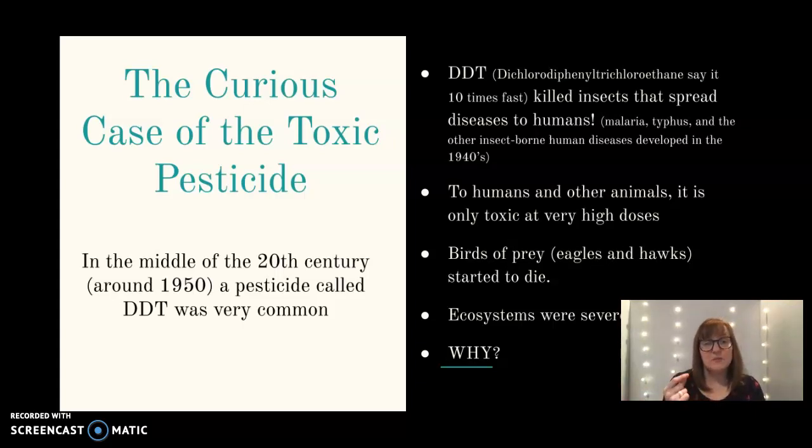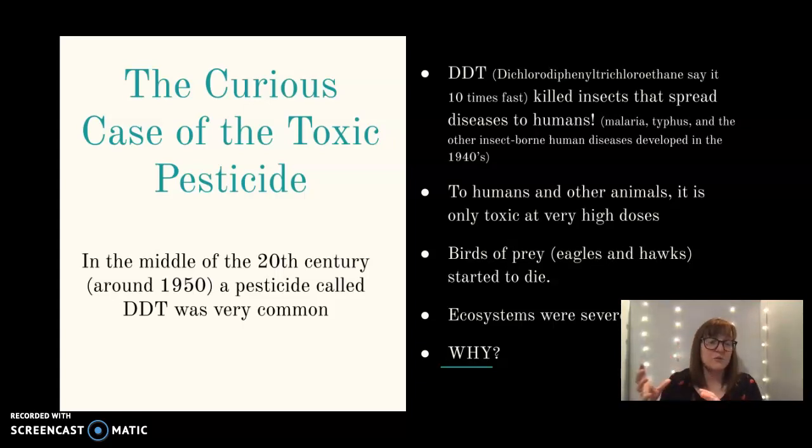The only problem is that as it went through the ecosystem, we found all of a sudden all of these eagles, especially the eagles, were dying. And why they were dying, we had no idea. But it ended up coming back to the fact that as that DDT was accumulated, or biomagnified, through their food chain, when it got to that top predator, the eagles, their eggshells were so fragile that when the mom sat on the egg to keep it warm and protect it, they'd crush it.